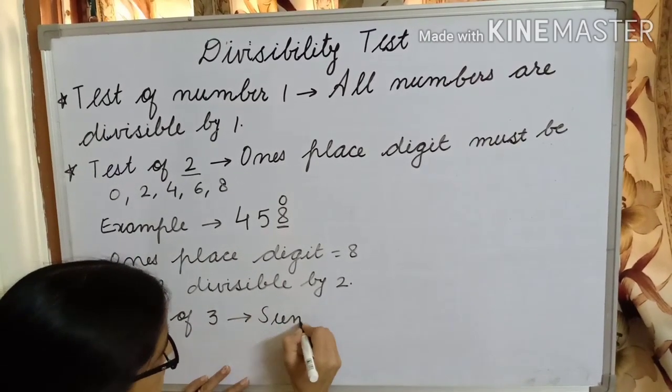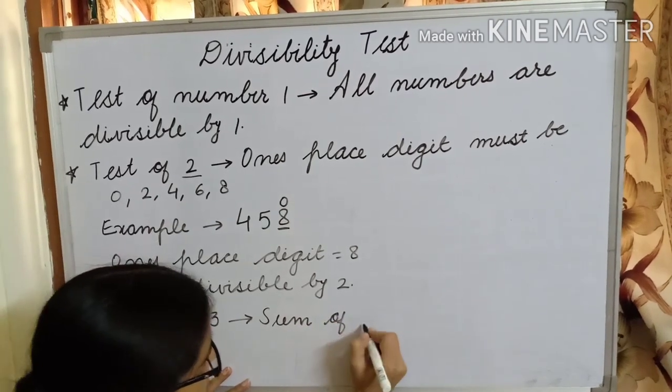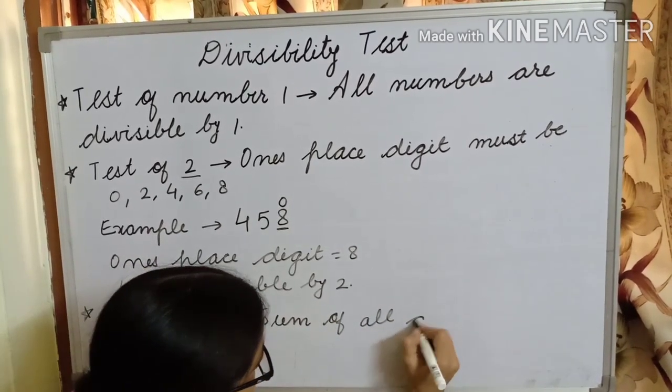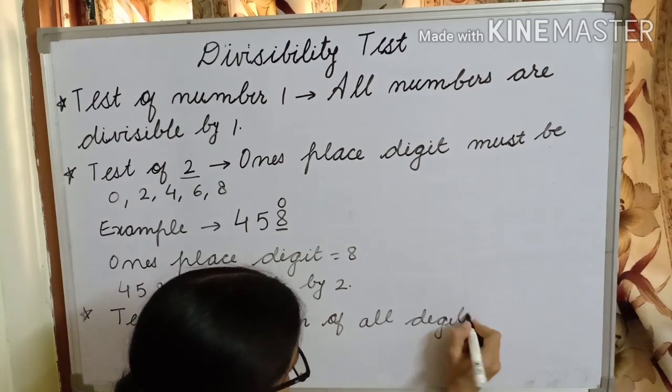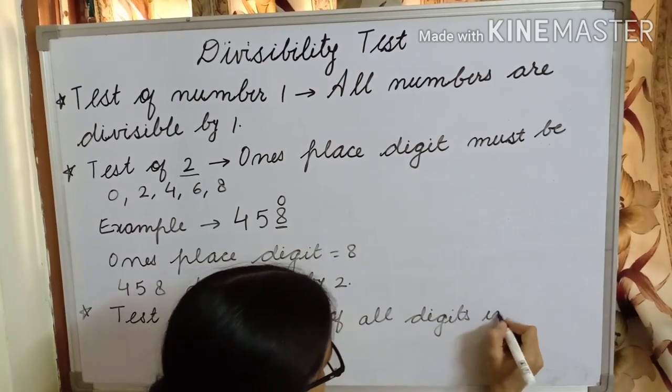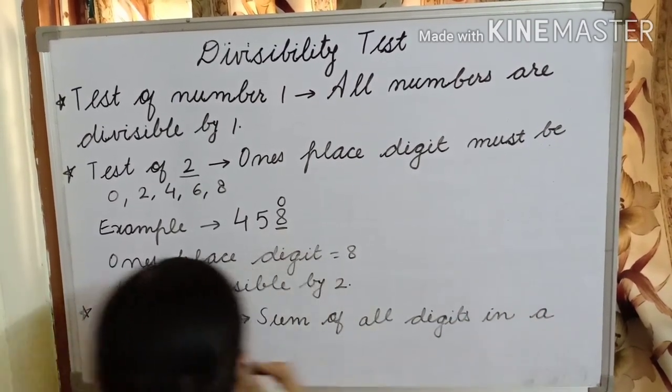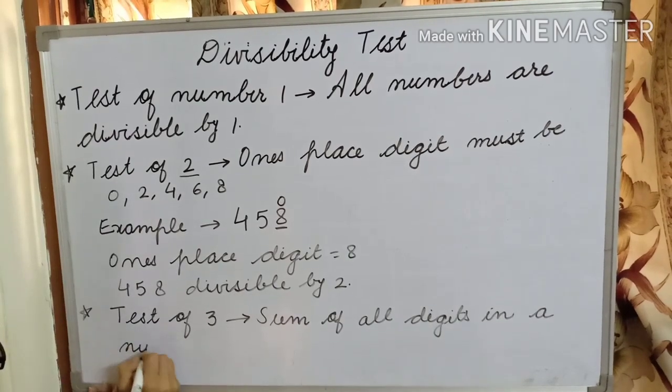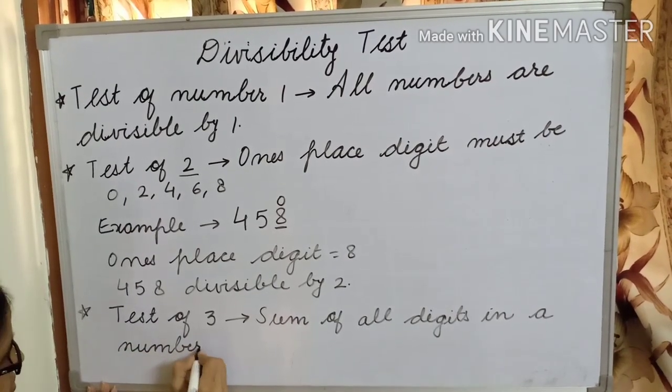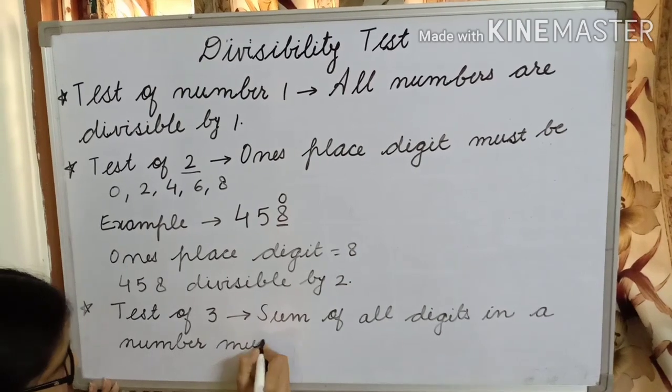Sum of all digits in a number must be divisible by 3.